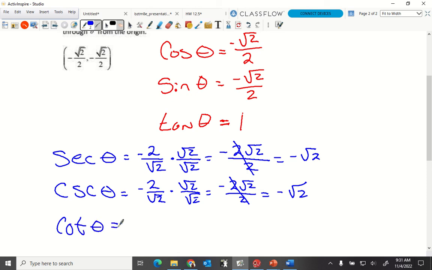Cotangent is the reciprocal of tangent. What's the reciprocal of 1? Negative 1? No, that's opposite. Reciprocal is flip it over. I'm gonna do the 1 upside down. There we go. You guys good about that? You guys feel good here?